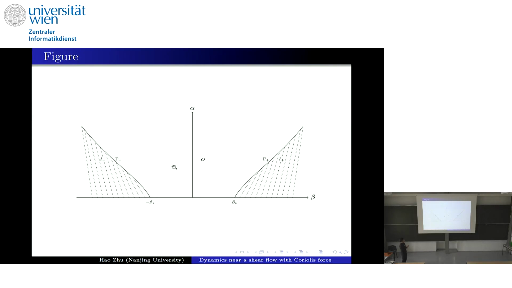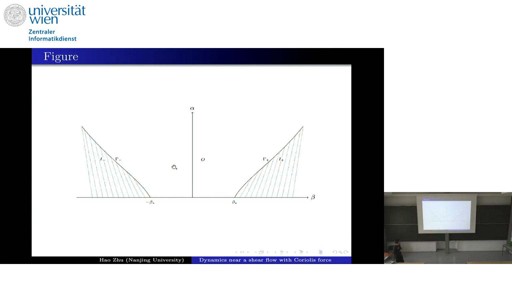So we have an intersection point, and after this point, there exist traveling wave families, and before this point, there exist no traveling wave families. In other words, we give a critical point such that if alpha beta is in this region, the existence is not true.